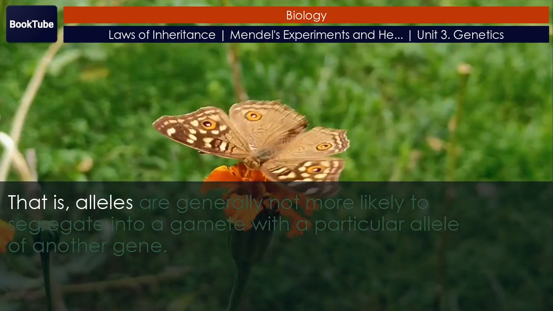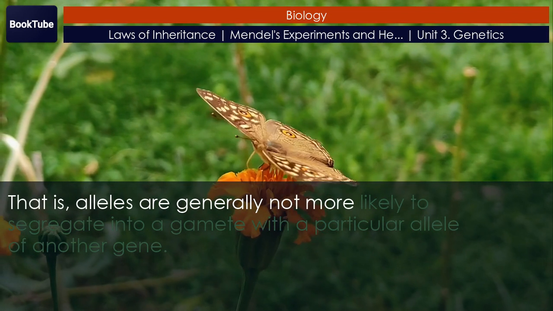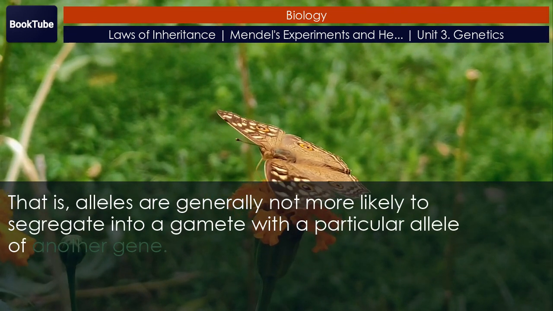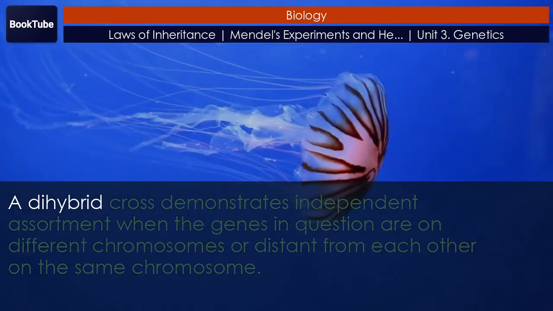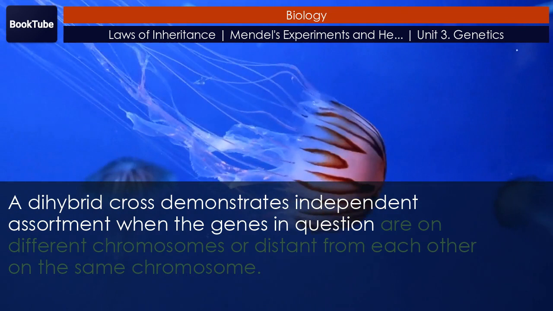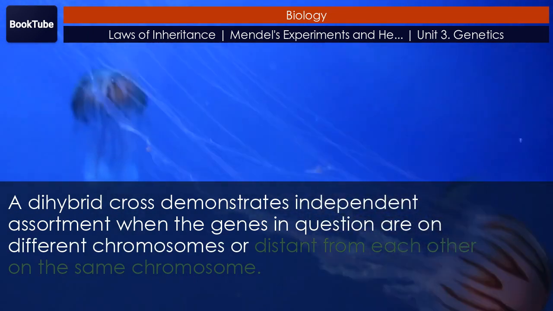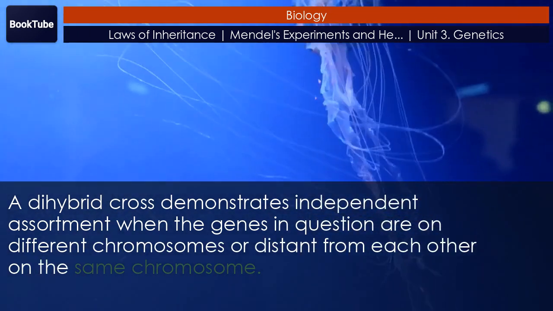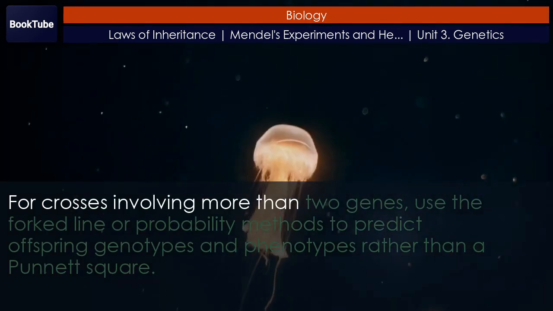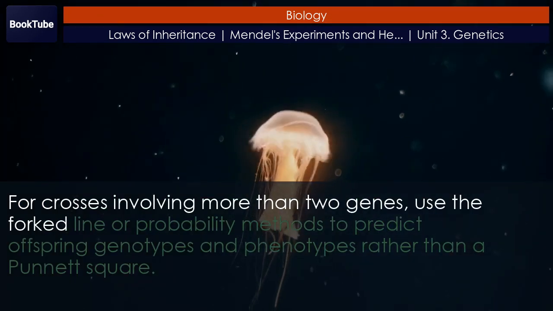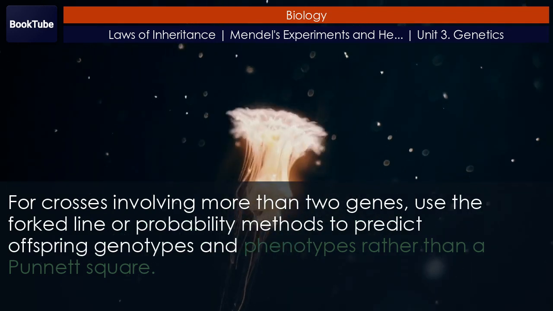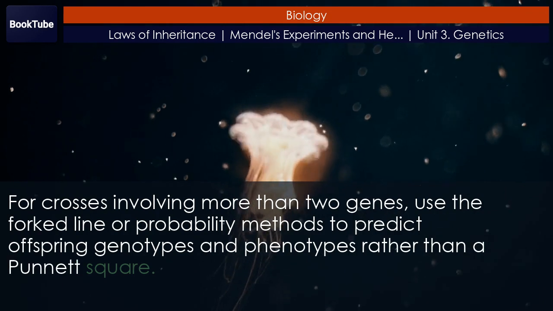That is, alleles are generally not more likely to segregate into a gamete with a particular allele of another gene. A dihybrid cross demonstrates independent assortment when the genes in question are on different chromosomes or distant from each other on the same chromosome. For crosses involving more than 2 genes, use the forked line or probability methods to predict offspring genotypes and phenotypes rather than a Punnett square.